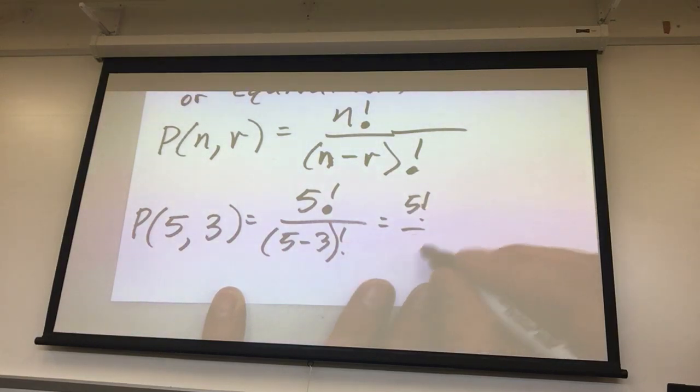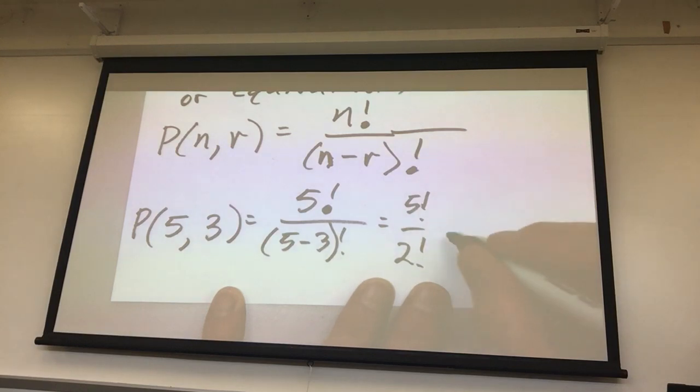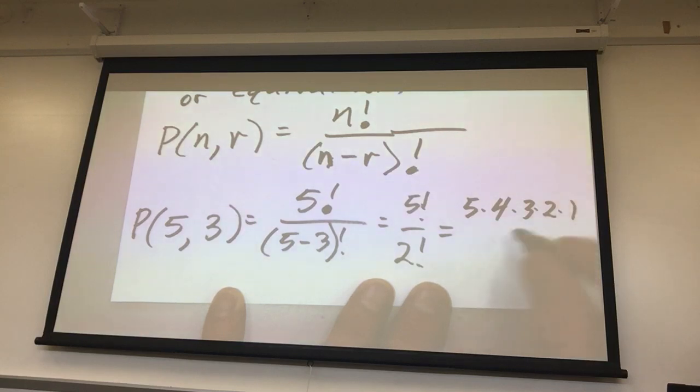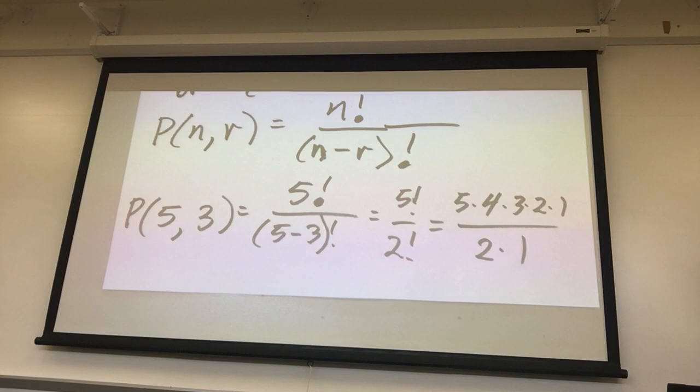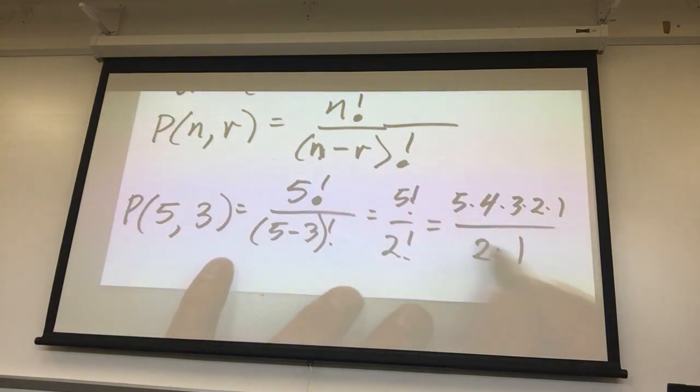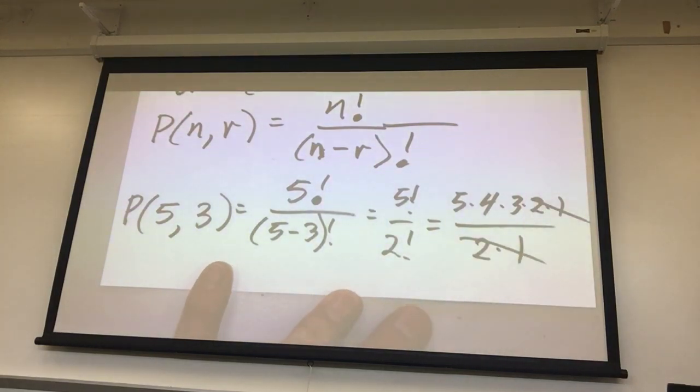Okay, 5 minus 3 is 2. Well, the 2 and the 1 would cancel each other out.